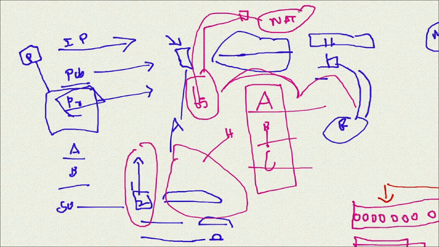So why is this happening? What is the reason behind it? Some problem is here, and that's the reason we created the A, B, C networks. So first we need to know what the problem is. The problem is IP address shortage.